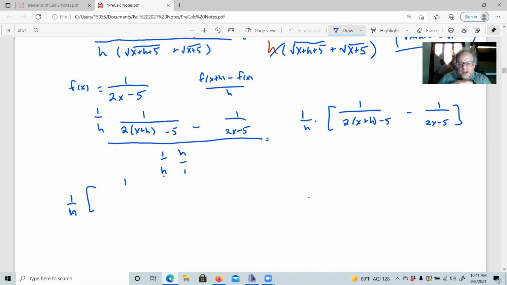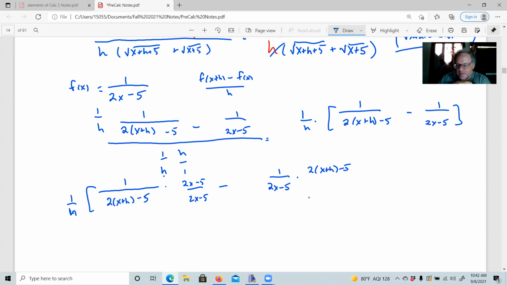So this is 1 over h times 1 over 2x plus h minus 5 times 2x minus 5 over 2x minus 5, minus 1 over 2x minus 5 times 2x plus h minus 5 over 2x plus h minus 5. We're just multiplying by 1 again. That's all we're doing.